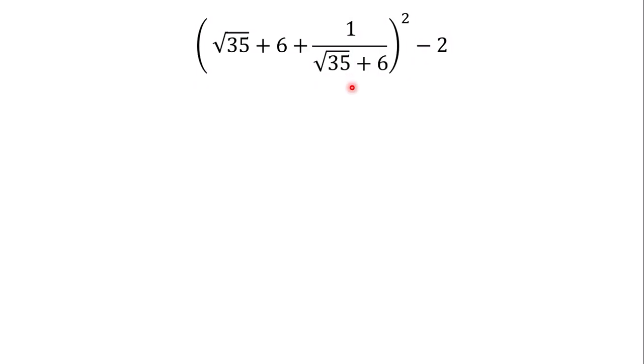To conjugate something means you multiply it by its opposite. So if it is minus, you multiply it by plus. If it is plus, you multiply it by minus. So the opposite sign here is plus. So to conjugate this one, we are going to change the sign from plus to minus.